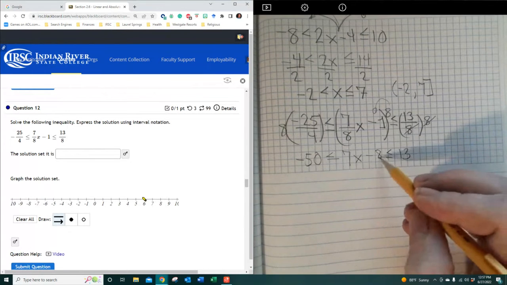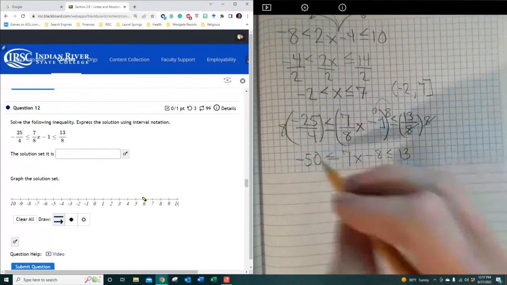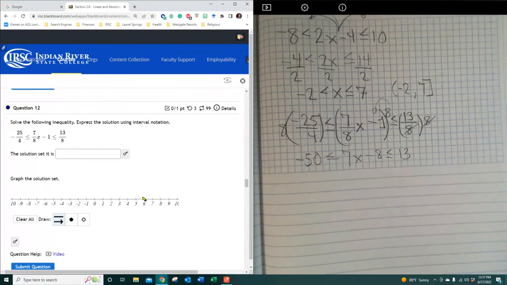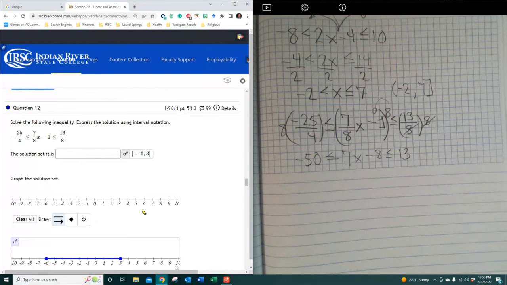Now the rest of this isn't hard. All you do is add 8 to both sides, and then divide both sides by 7. Yes, will you get fractions perhaps? That's okay, but not all the time, and in this case we don't. Just so you know, I wanted to point that out to you.